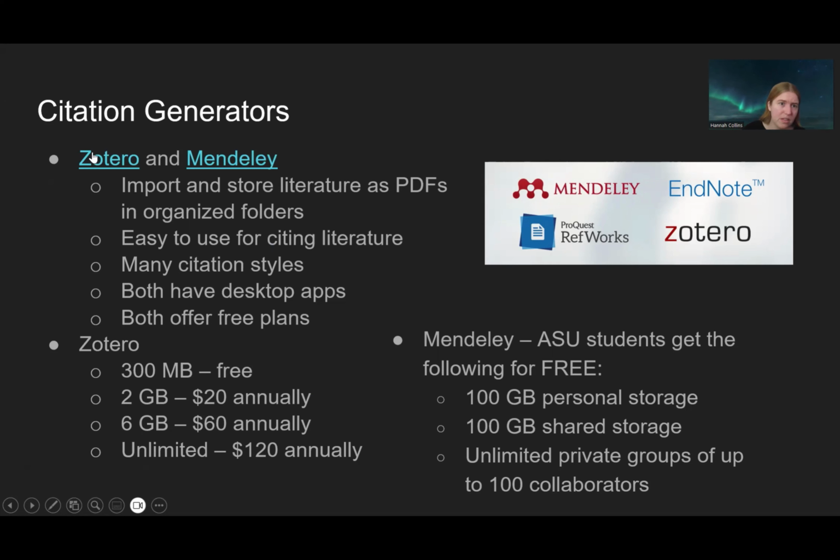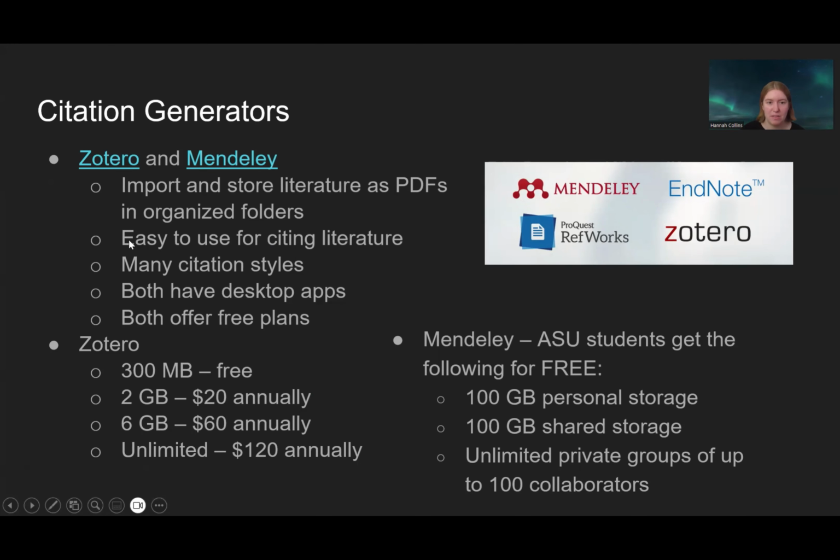So, Zotero and Mendeley are really awesome. And I have links to the main pages for Zotero and Mendeley in these slides if you are interested in checking them out. And what these do is they are able to import and store literature as PDFs in organized folders, which is awesome.